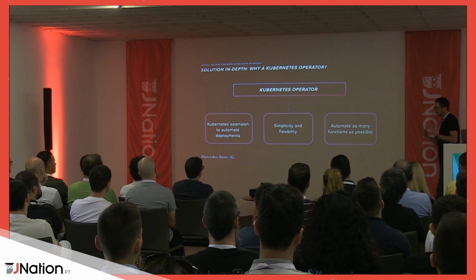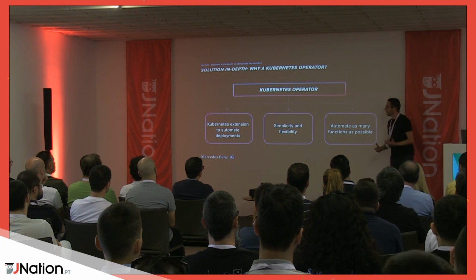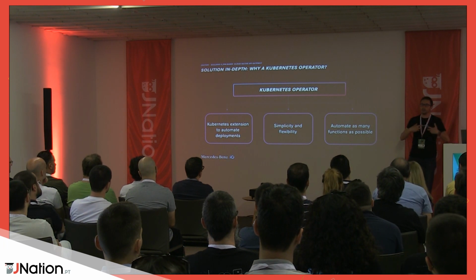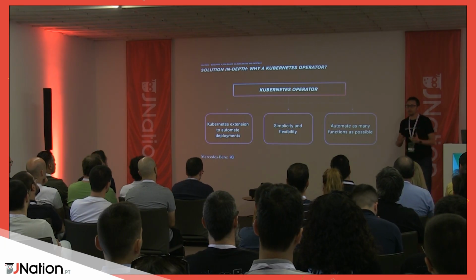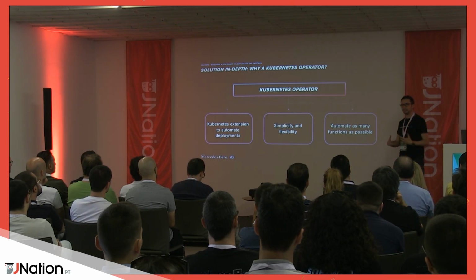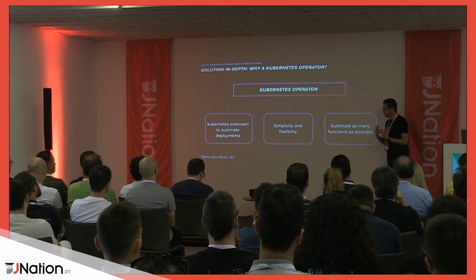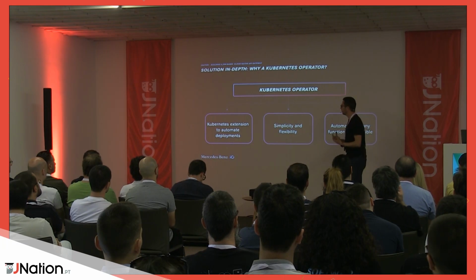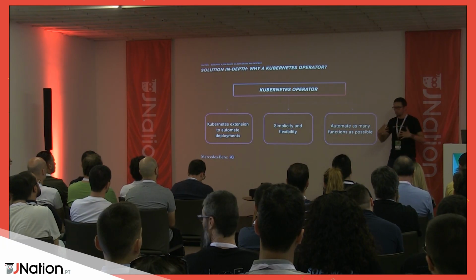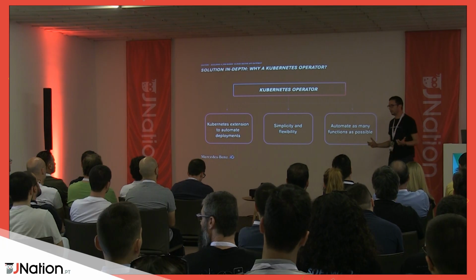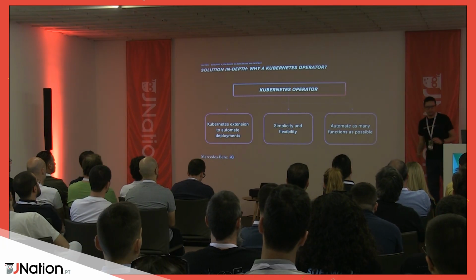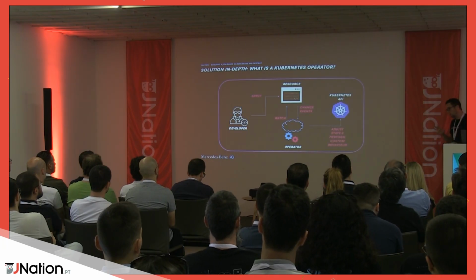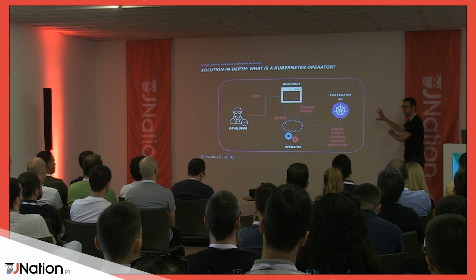So what is a Kubernetes operator? A Kubernetes operator is a way to extend Kubernetes to do exactly what we want, to automate deployments. When you have custom things that you want to do on your deployment, Kubernetes operators really help, because you can automate multiple tasks in a simple and flexible way. A Kubernetes operator works, in a very simplified view, like this.